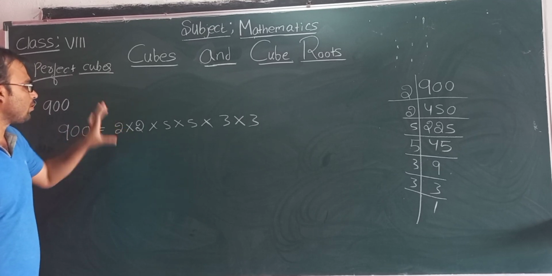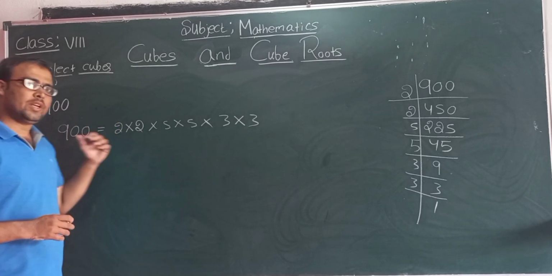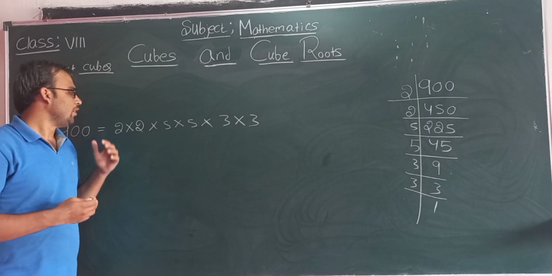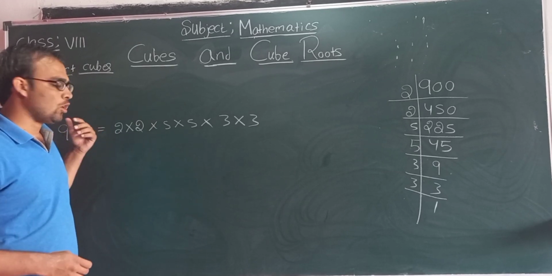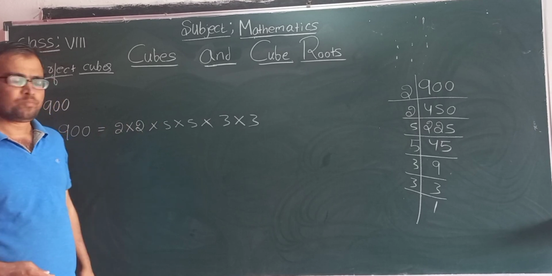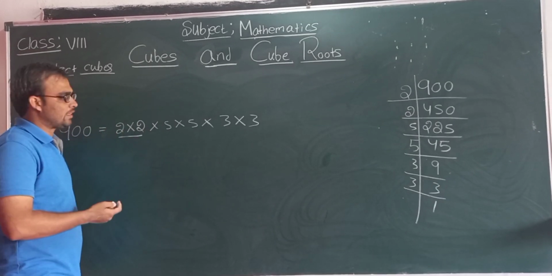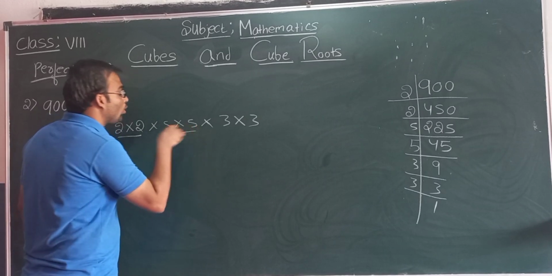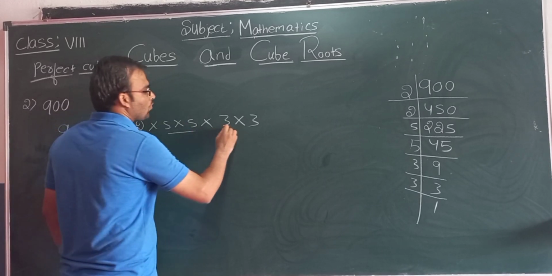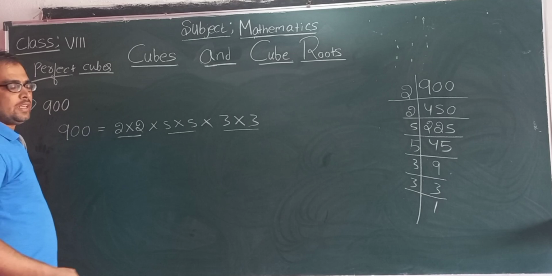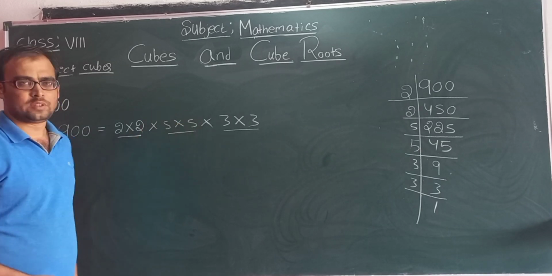So just observe students, whether in this case we are able to make a group of 3 of the same number. Look here, only 2 2s are there, only 2 5s are there, and only 2 3s are there. Here there is no group of 3 numbers.